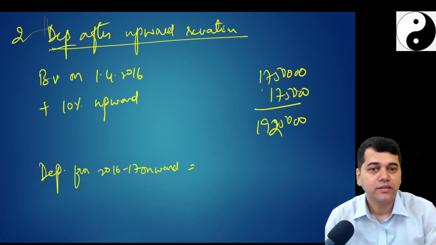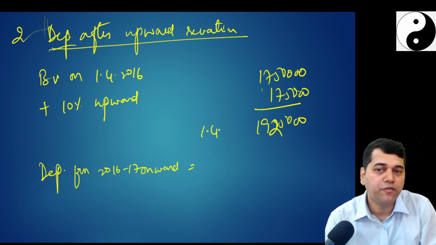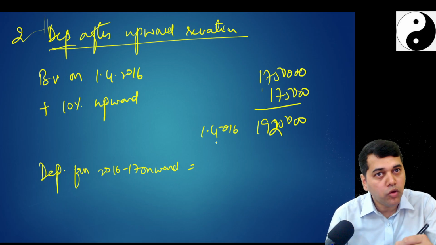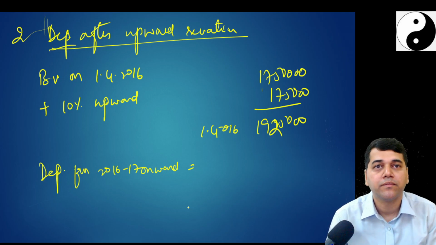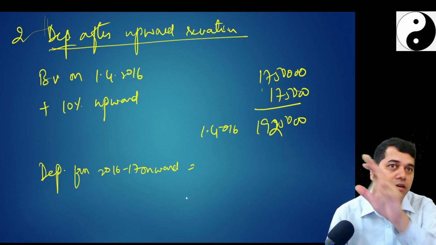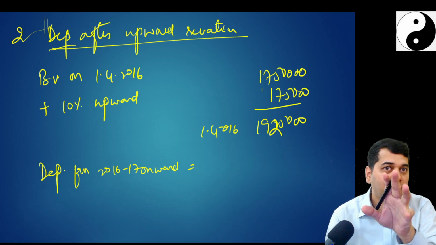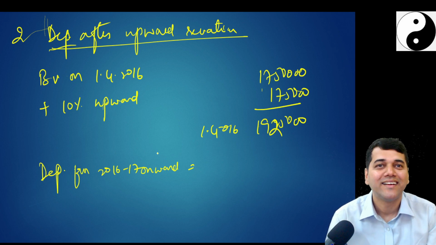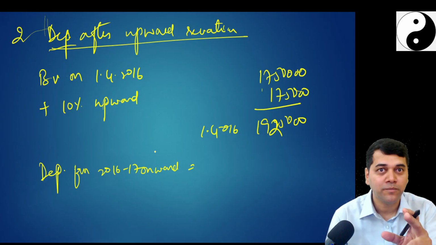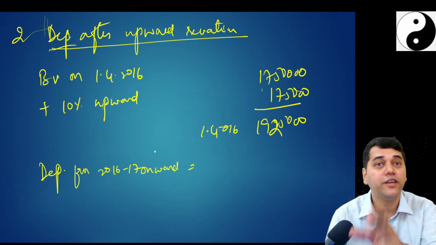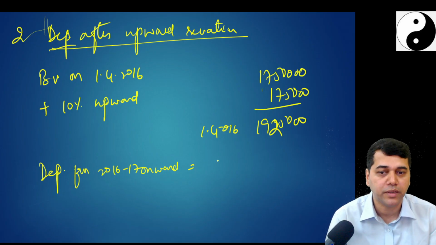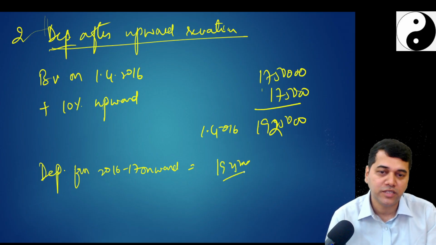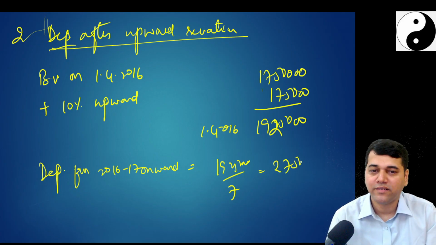This is as of 1/4/2016. From now onwards, how much life is pending? 7 years. Total 12 years, out of that 5 I finished. Again, you have to understand the flow. This is a very new question, so practice it very properly. 19 lakh 25,000 divided by 7 comes to 2 lakh 75,000.